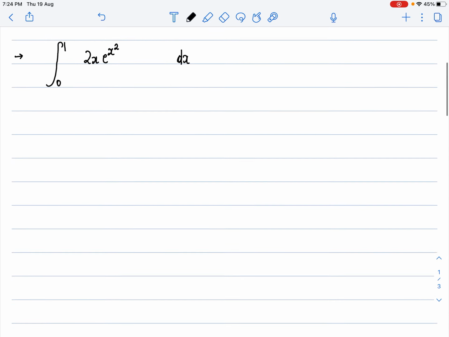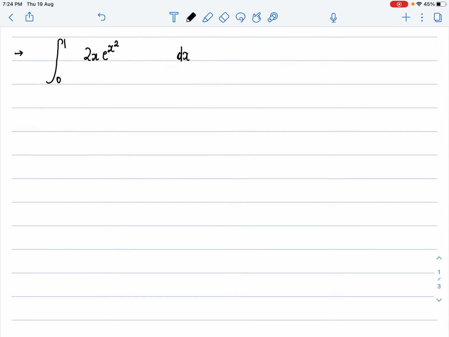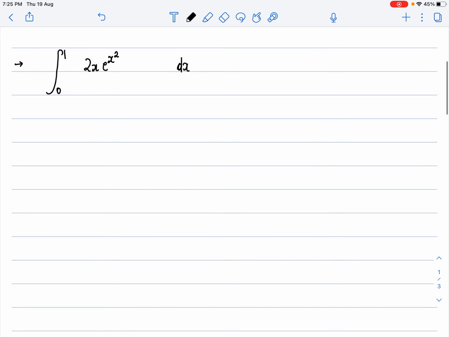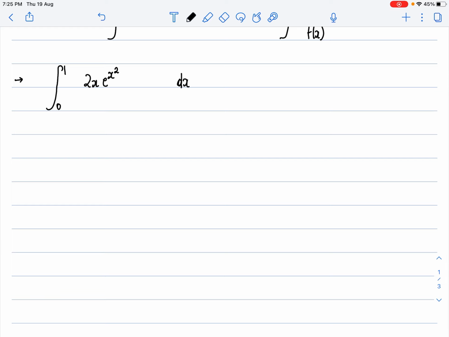Now let's have the example, with 2x into e raised to x square dx with the limits 0 to 1. What you need to know here is that you can simply identify that x square is your f of x, and your 2x is basically your f dash of x.